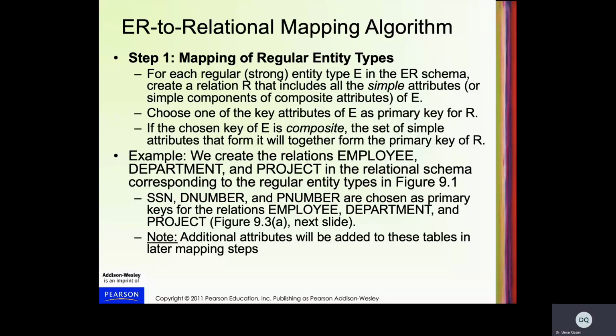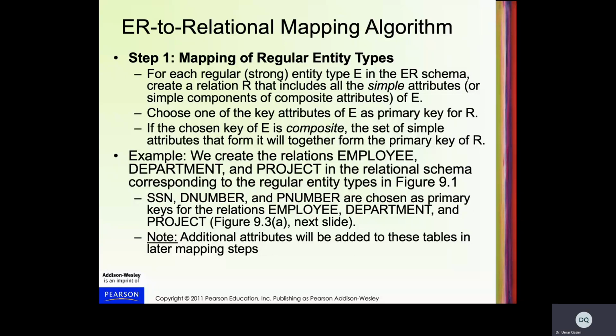And the key attribute which we have already defined in the diagram, we will use as a primary key of that relation. And if there is more than one key attribute needed for uniqueness, then we use the composite key together to form the primary key.